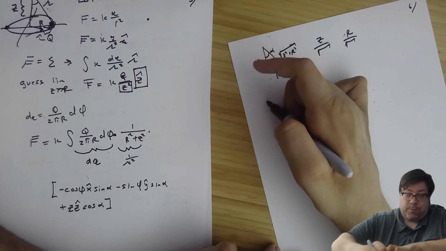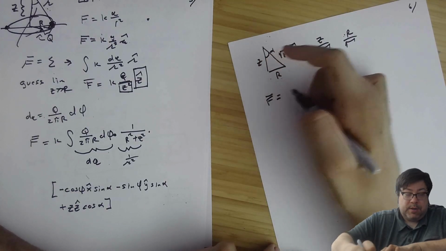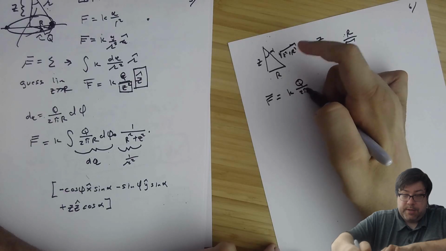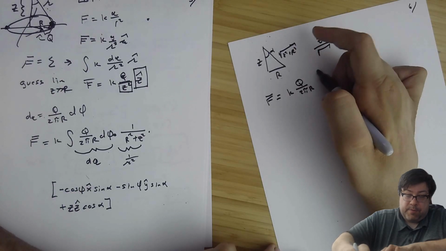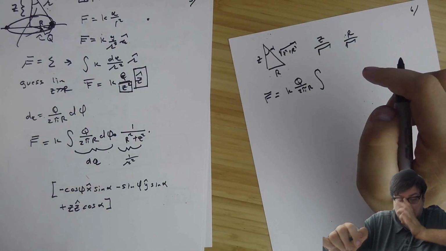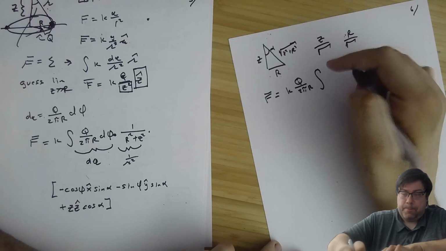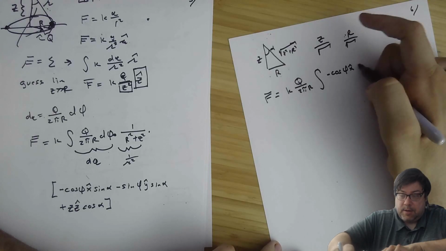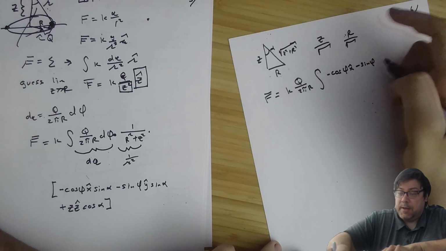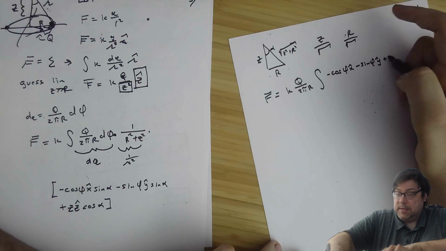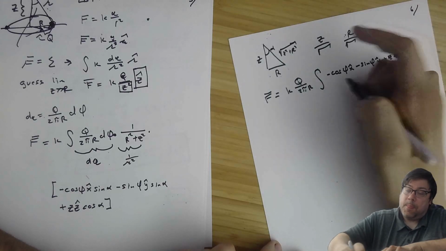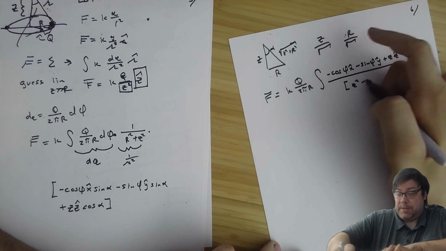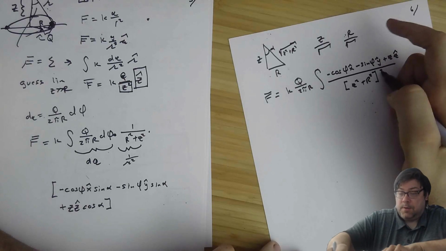So that simplifies our force, and our force in this case is going to be k q over 2 pi r, and now I'm going to have the integral of minus the cosine of phi in the x hat minus the sine of phi in the y hat plus z in the z hat, all divided by z squared plus r squared to the 3 halves.